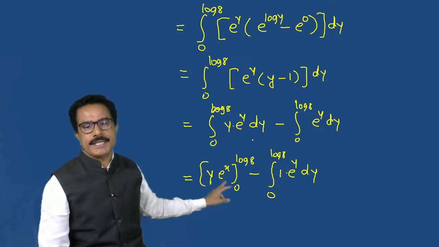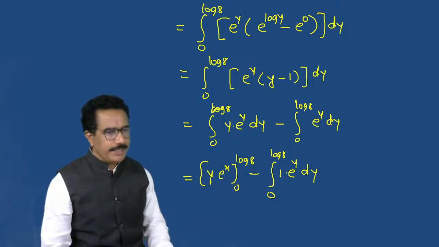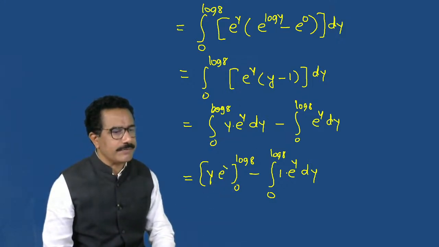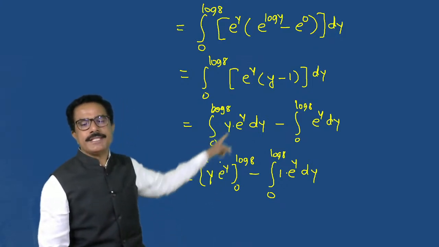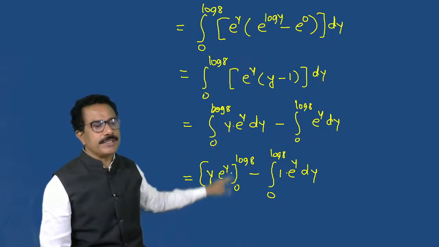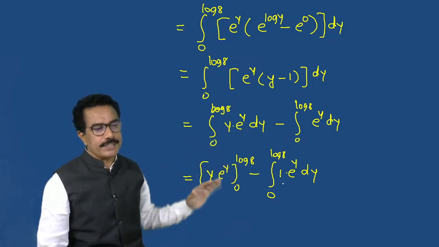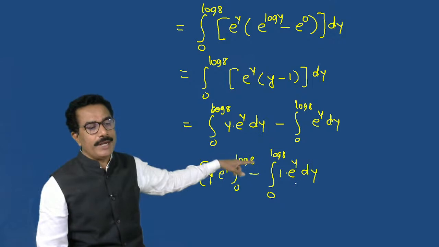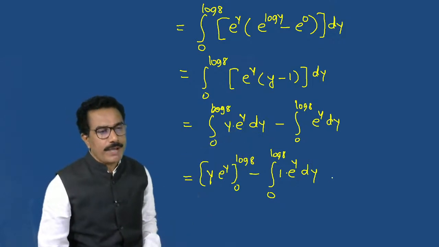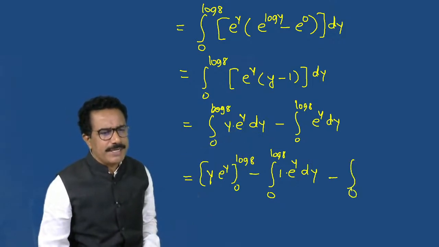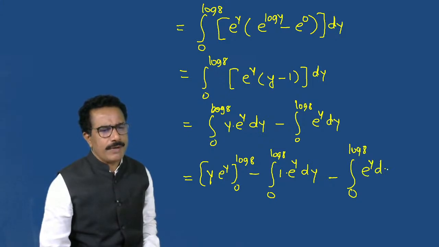First as it is, integration of second, y as it is, integration of second over the limit 0 to log 8, minus integration of derivative of first, integration of second: the derivative of y with respect to y is 1, integration of second e raised to y, minus this same integral e raised to log 8, e raised to y dy.